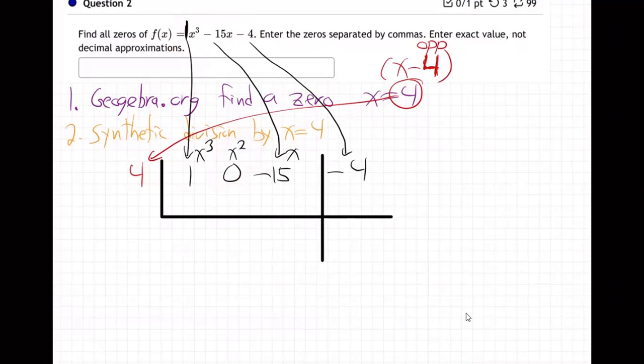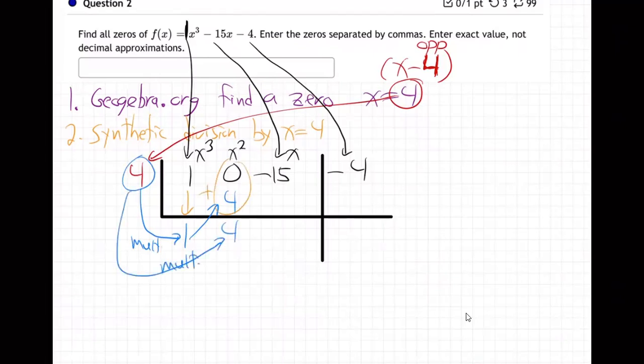We bring down this number here, 1, and then we multiply. Put the answer right there. We take 4 times 1 is 4. Add them up. That's 4. And then 4 times 4, and put it right there, is 16. Add them up. That's 1.